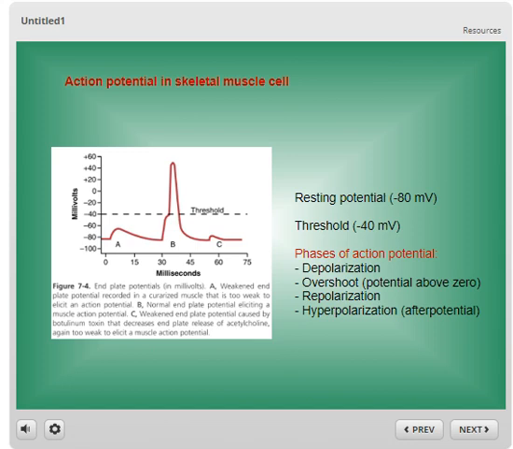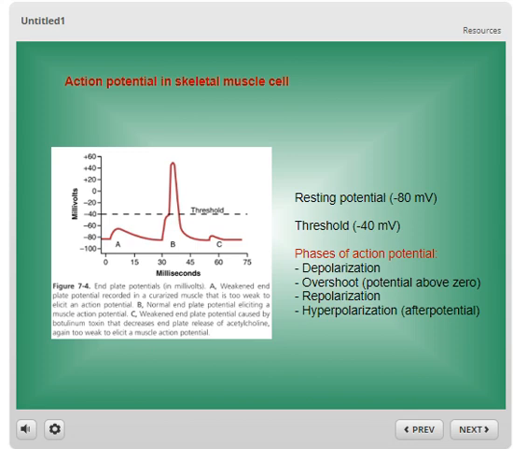This phase represents the peak of the action potential, where the interior of the cell is positively charged relative to the outside. When the voltage of these cells after the stimulus exceeds zero and reaches a positive value, this part of the action potential is called overshoot.